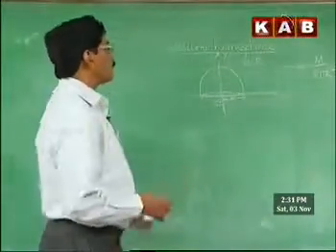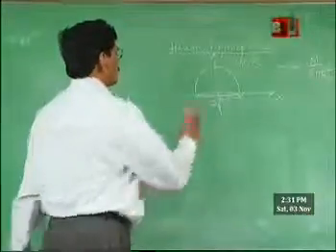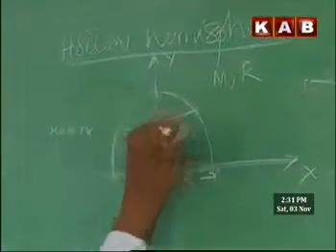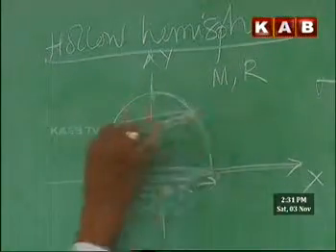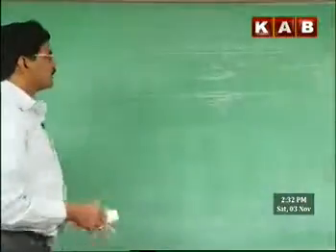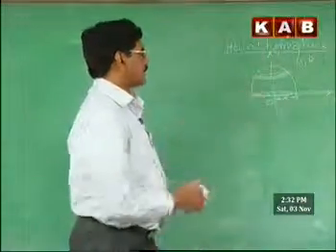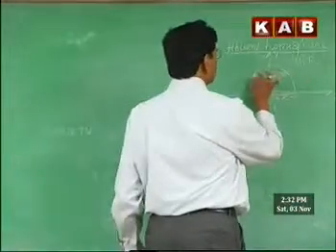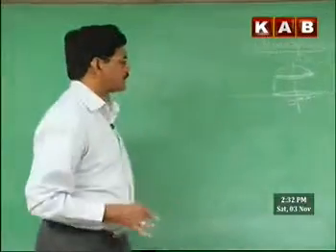Next, imagine the given hemisphere divided into elements. We can imagine the hemisphere divided into circular rings, along which axis? The y-axis. That is, the hemisphere can be imagined to be divided into circular rings, coaxial to the y-axis.